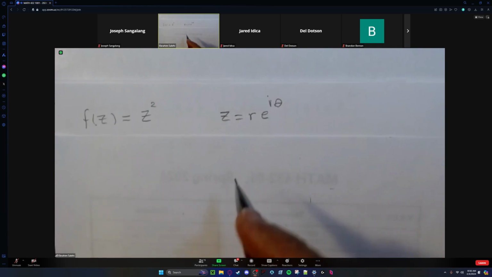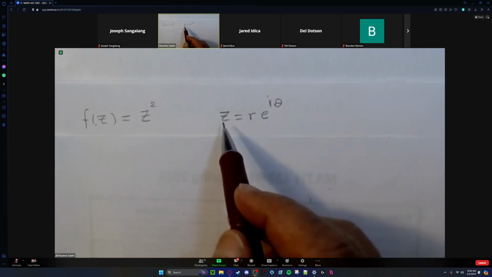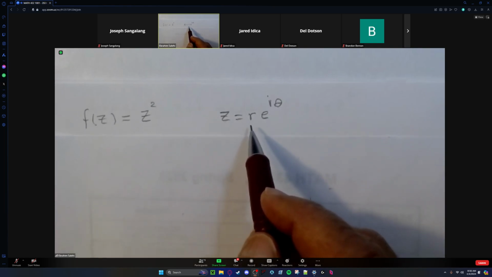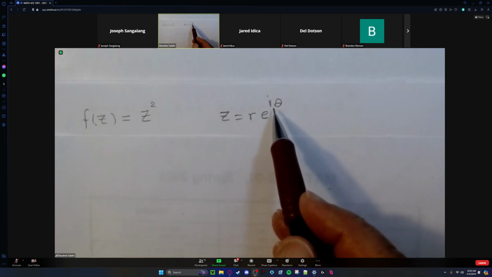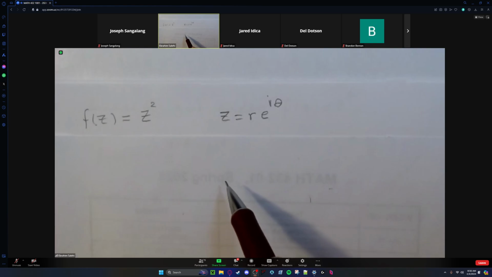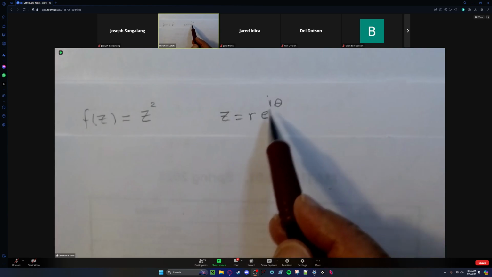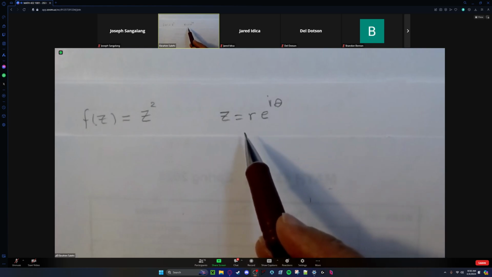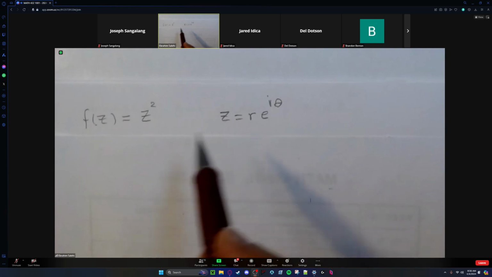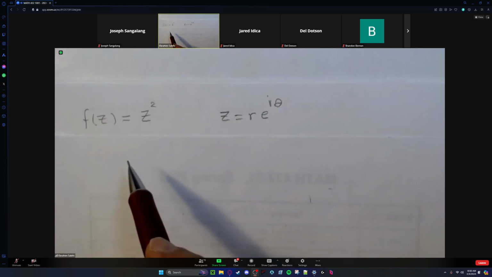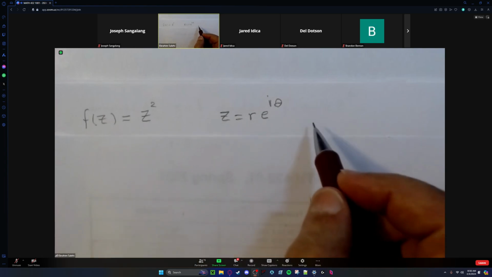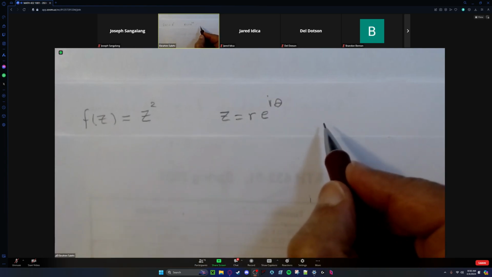One, by letting Z be in its polar format or exponential format. The other one is letting Z be x plus iy. So there are two ways to expand this.